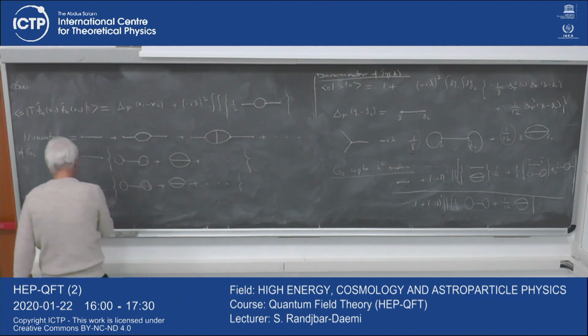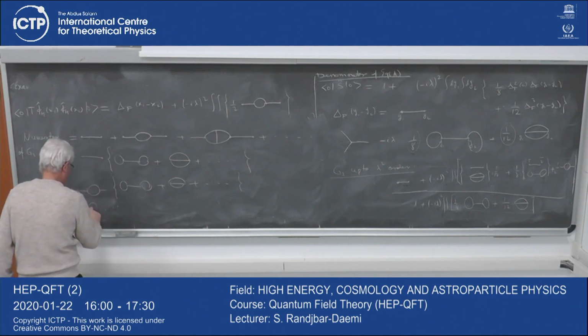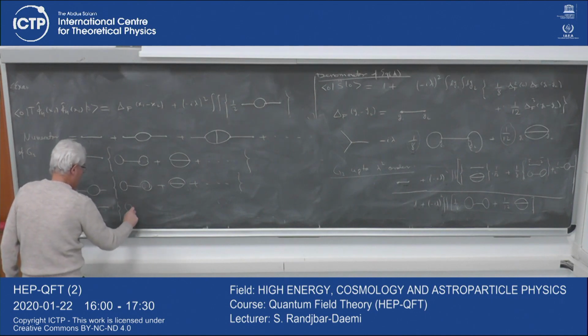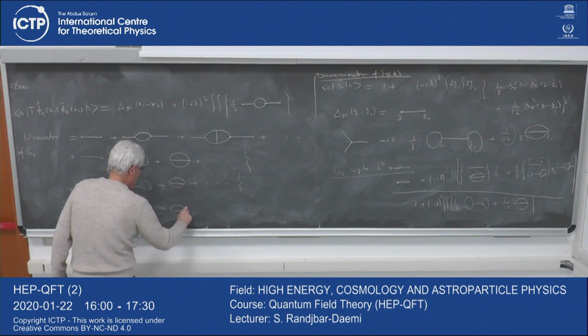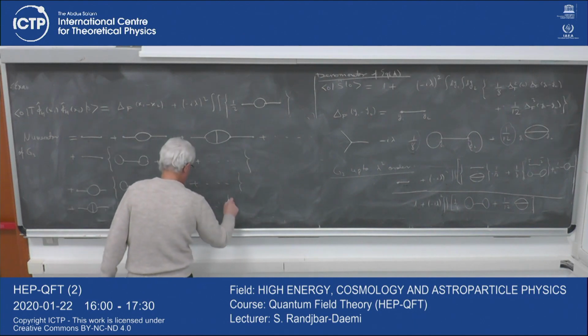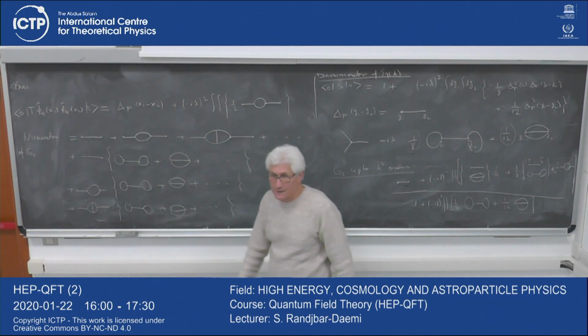And take the next one, all of them, whatever you have in the first line, when you multiply it by all possible vacuum bubbles, you will generate all the graphs which can contribute to the numerator. Am I clear?